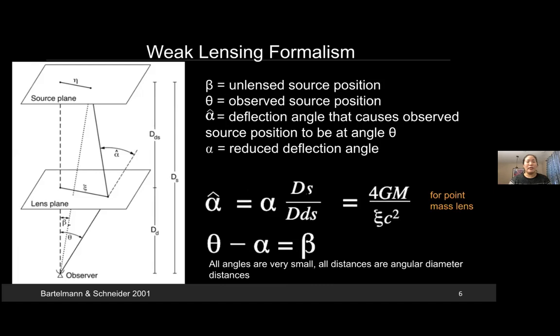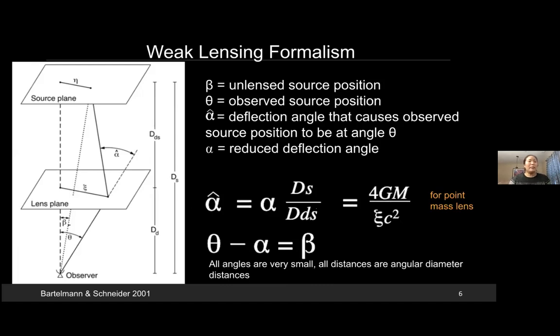And importantly, there is this ratio of angular diameter distances. So D_s is the distance to the source, so the thing that's getting lensed, and then D_ds is the distance between the lens and the source. And for a point mass lens, this is 4GM over ψ, and that ψ is a two-dimensional vector in the plane, like a radius in the plane of the lens, and then also a factor of the speed of light squared.